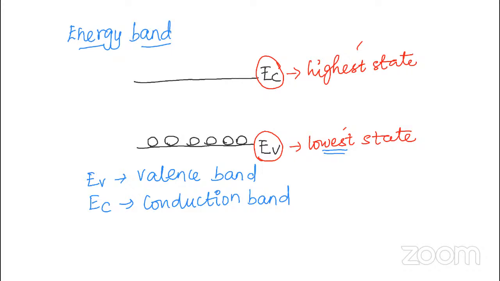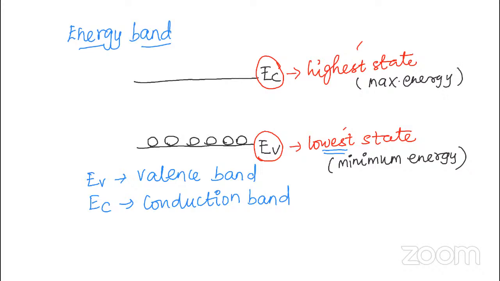So for the lowest state, the energy value is minimum. The conduction band has higher energy, right? The energy will be maximum in the conduction band. So this is the concept.